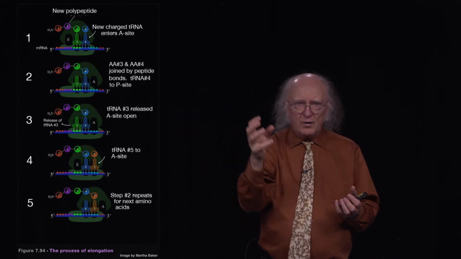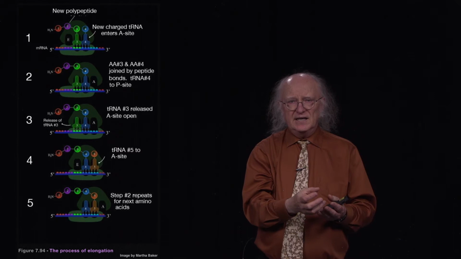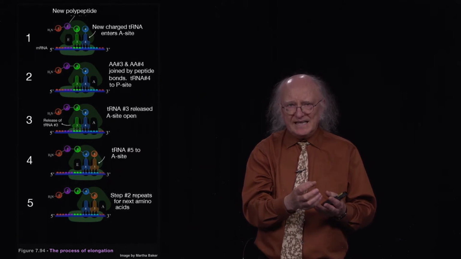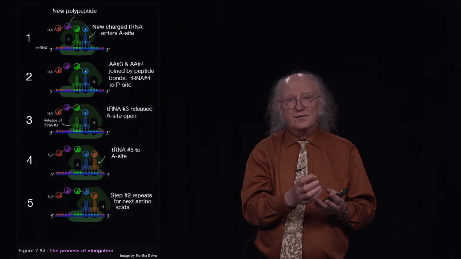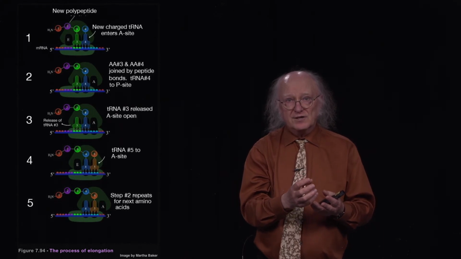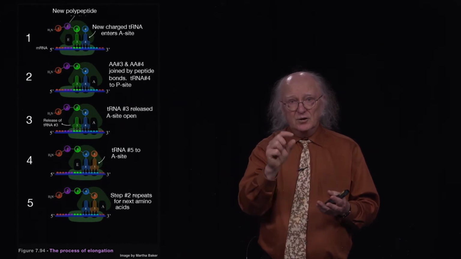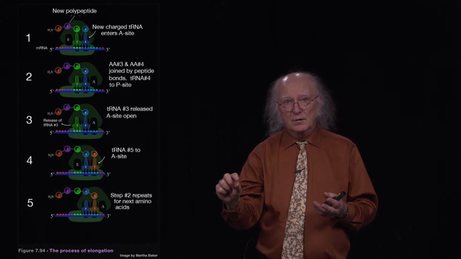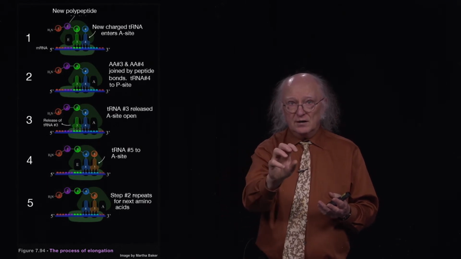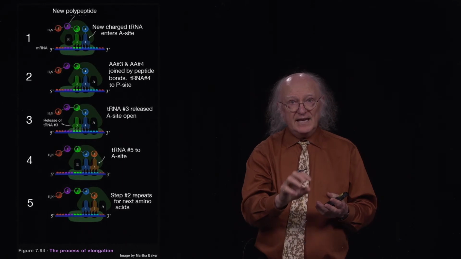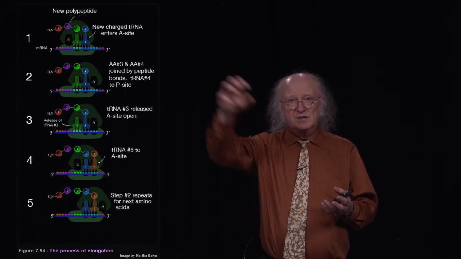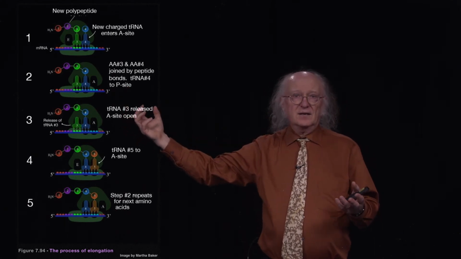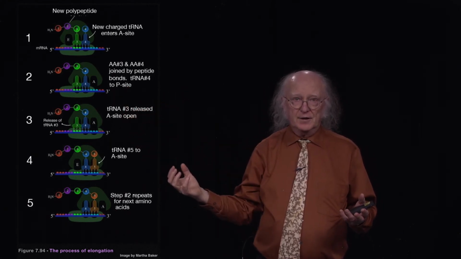When the transfer RNA comes into the A site, EFTU looks to see if, in fact, this is the right transfer RNA, and it answers that question by looking to see, do proper base pairs form between the anticodon and the codon that's in the A site? If they aren't proper, then EFTU is what's responsible for taking that amino acid away, okay?